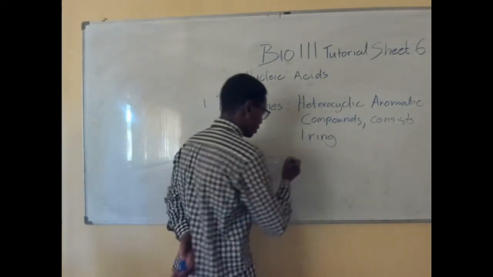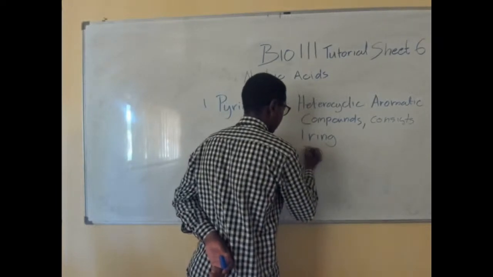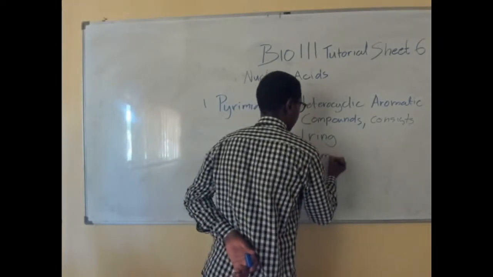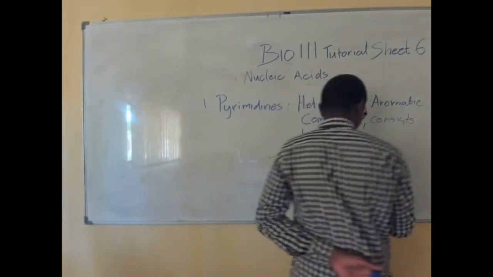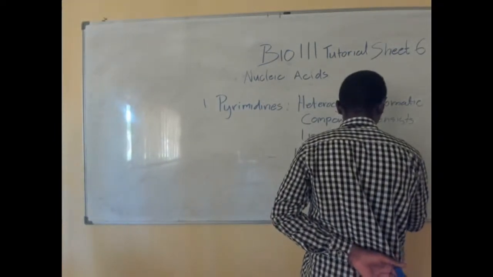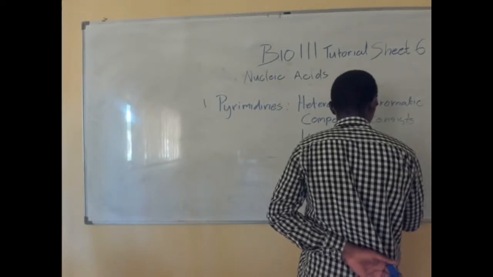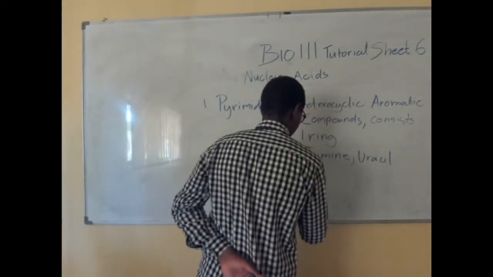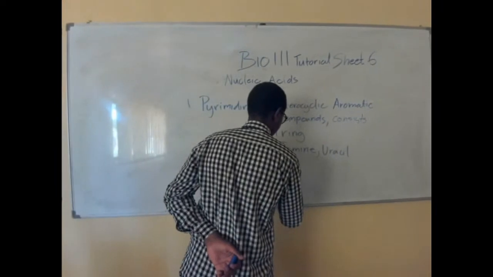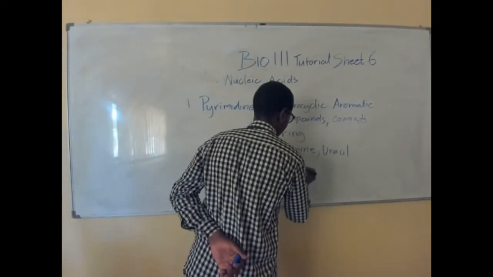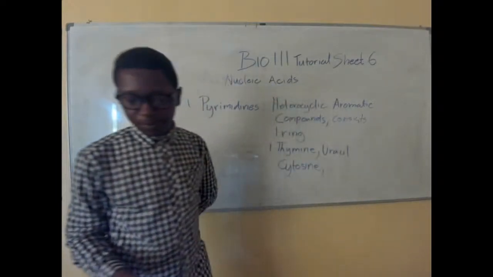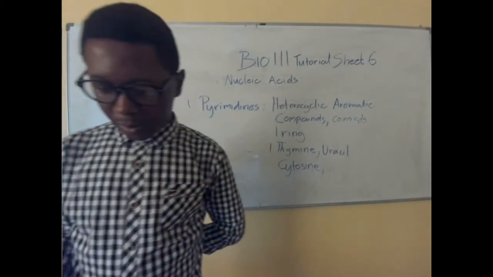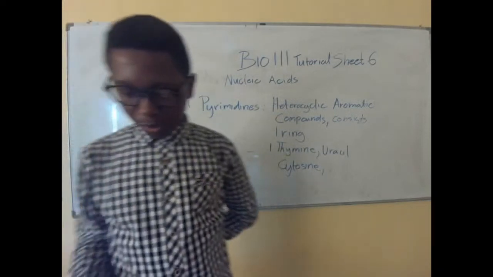So what are some of the examples of pyrimidines? Examples are thymine, uracil, cytosine, and what else?